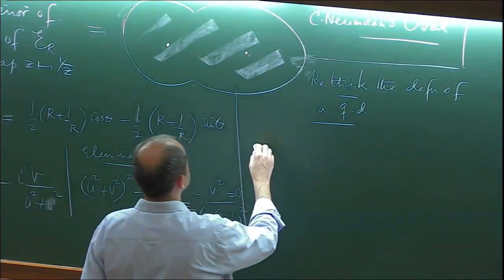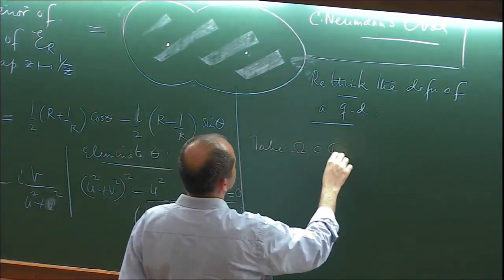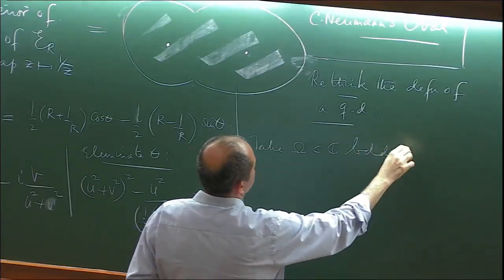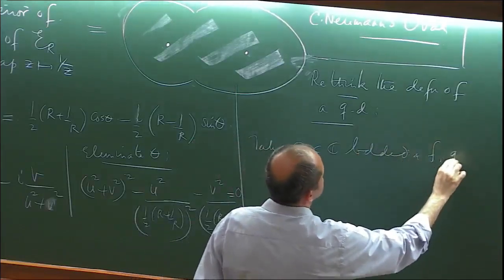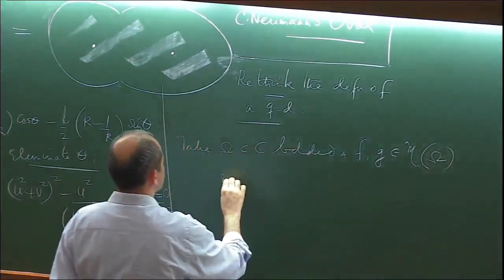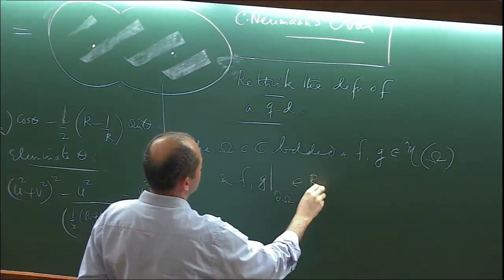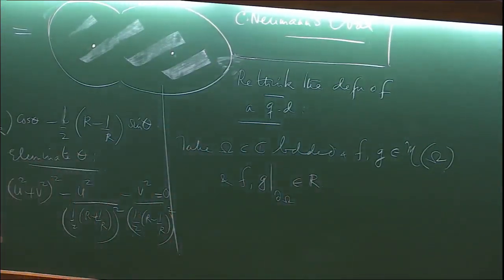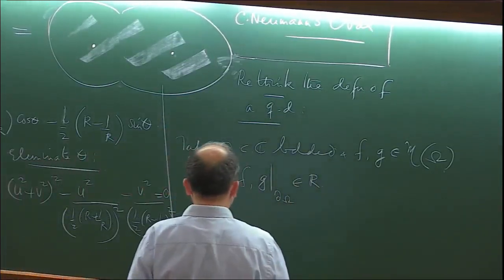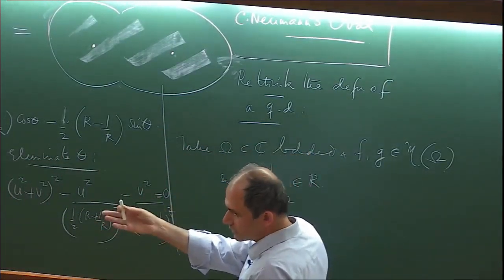Let's give a different proof of that. Take Omega bounded, and F and G meromorphic, such that F and G both take real values on R. The easiest thing to do is to look at the pair of functions (F, G).